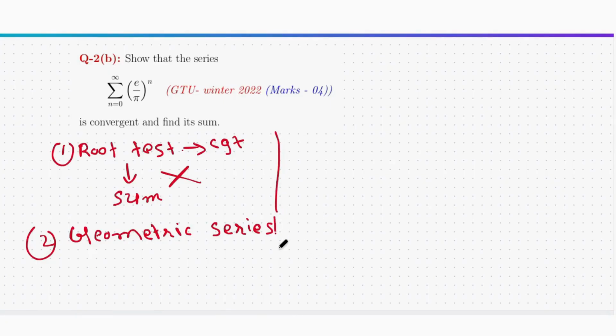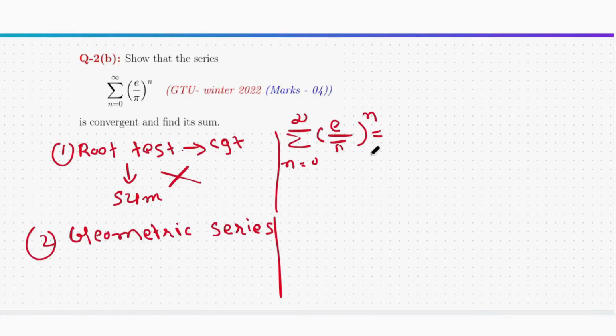So first, this one is the given series. Now expand this series: put n equal to 0, n equal to 1, n equal to 2 and so on.